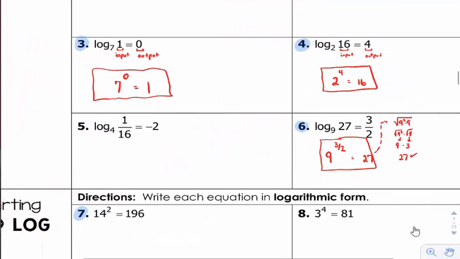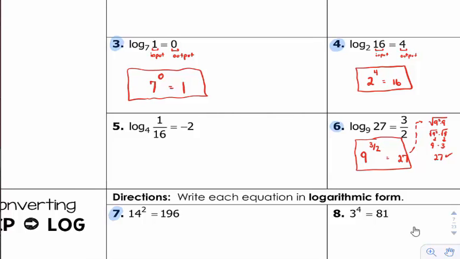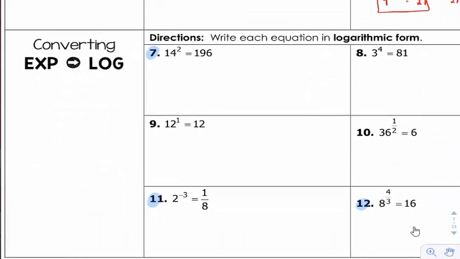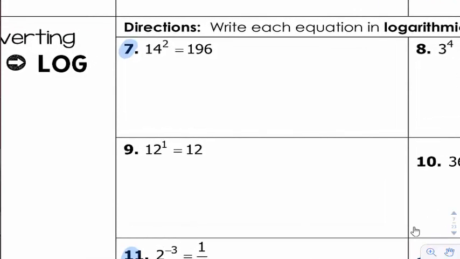So that's converting from logs to exponents. What about if you do exponents to logs? Well, it's the same thing. Obviously you're writing logarithms now, but it's the same thought process. The base of the exponent is the base of the log. So on number 7, I'm going to write the log base 14. Okay, so that's your base.